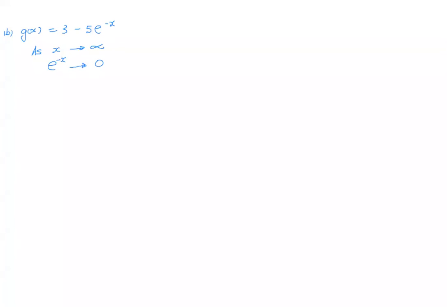So e to the power negative x will approach 0, correct? But what happens with the negative 5, in 3 minus 5e to the power of negative x? Step by step, Johan.